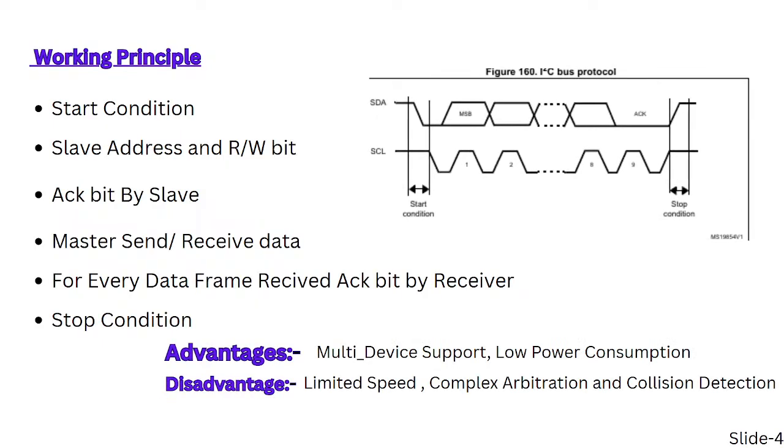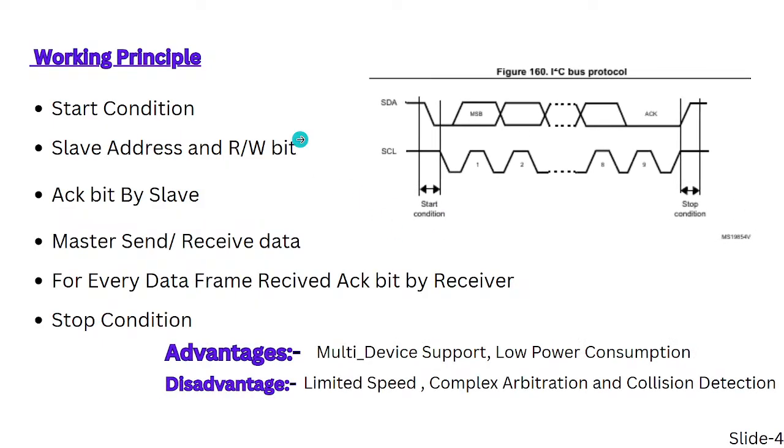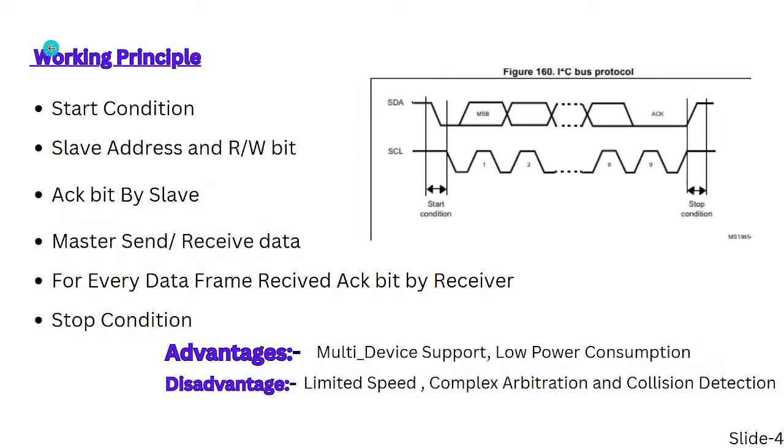Now understand the working principle of I2C. First we understand the start condition. See this diagram, the I2C bus protocol. When the serial data line goes from high to low while the serial clock line is high, this is the start condition.